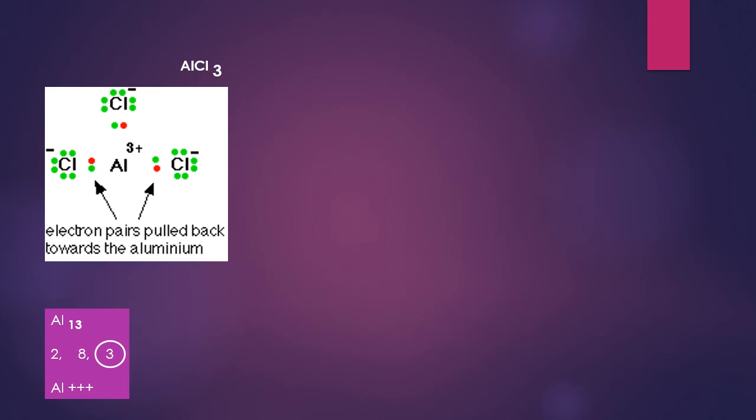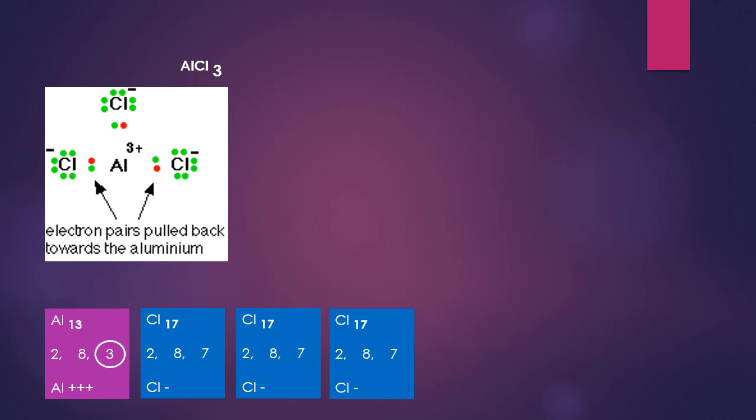This aluminium will donate these 3 electrons. But chlorine requires only 1 electron. So what will happen? There will be 3 atoms of chlorine and one by one they will accept all these 3 electrons from aluminium.